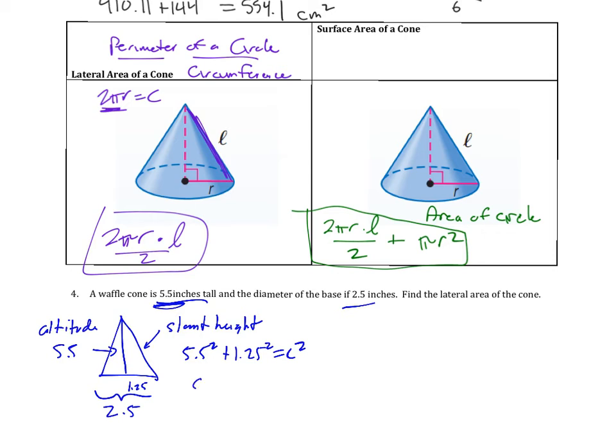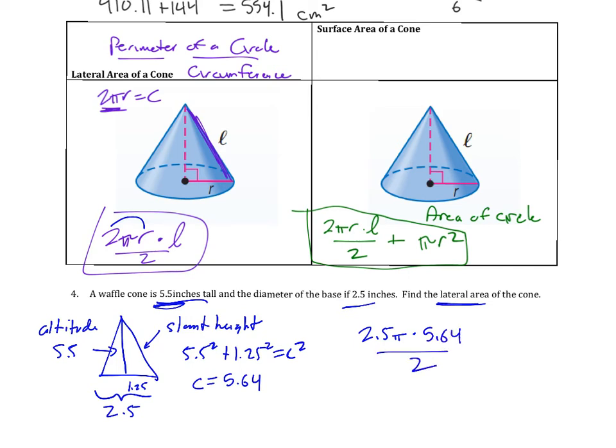So this is going to be 5.64. So they want lateral area. So they want 2 pi r times L divided by 2. Well, I already know what 2r is, so it's going to be 2.5 pi times my slant height divided by 2.